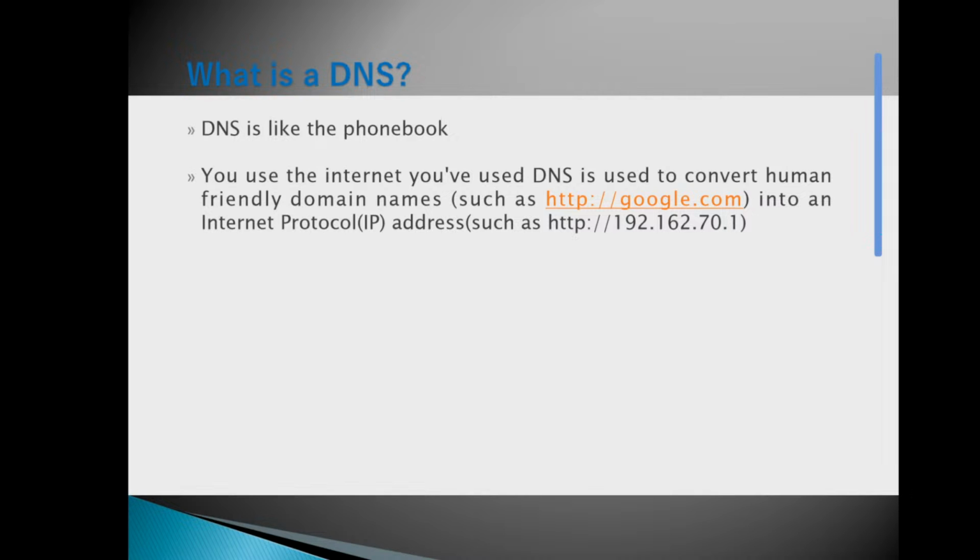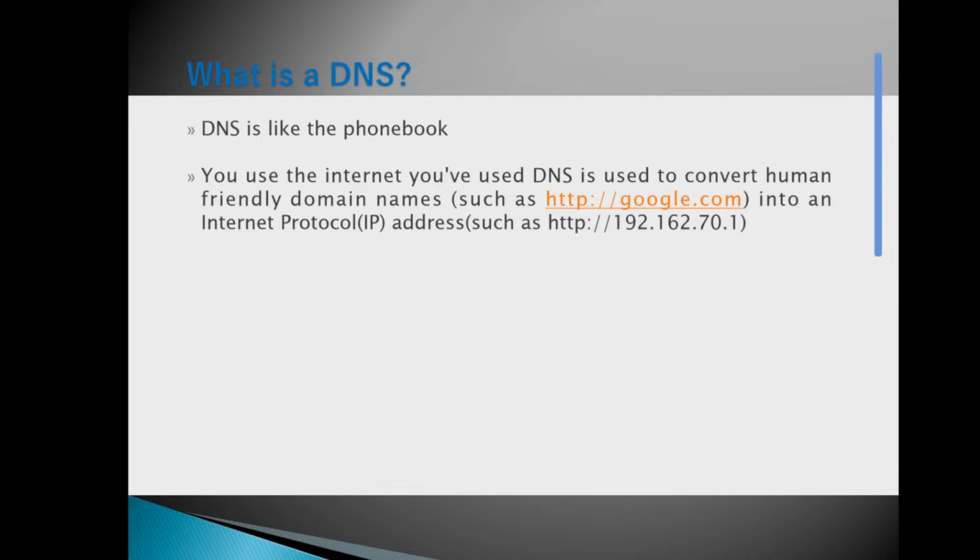But you will not be able to remember it. That's why we create a phone book where name and number are mapped together. When you want to call Rahul, you search for the contact and dial that number, right?